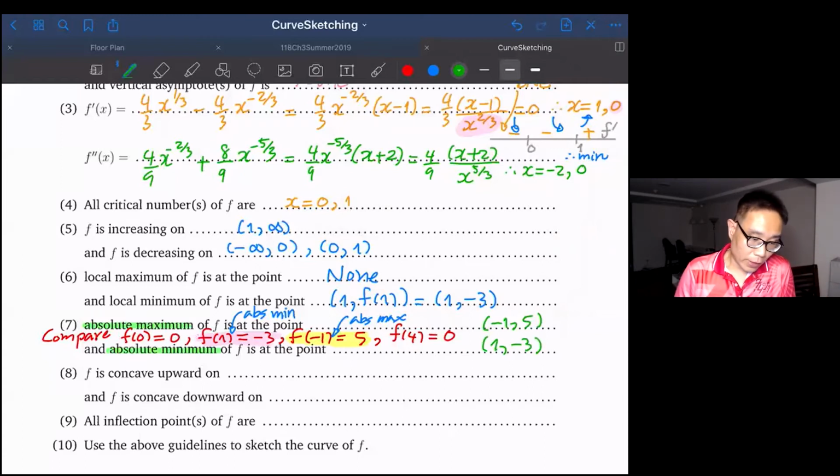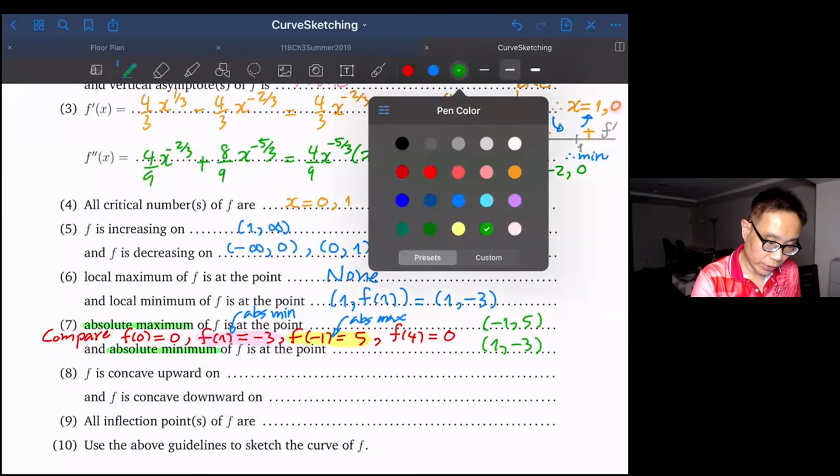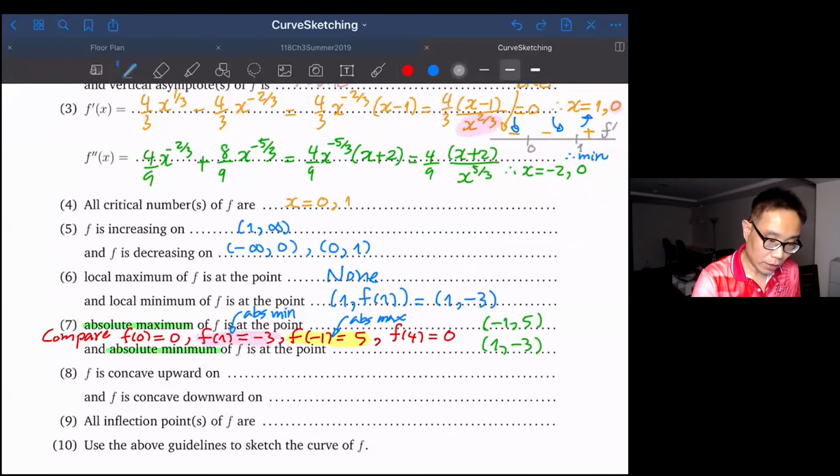And for concavity, up and down, we're going to check the sign of f double prime. The points that you're going to plot turn out to be 0 and 4, and -2 and 0.